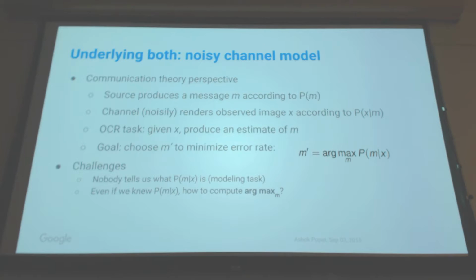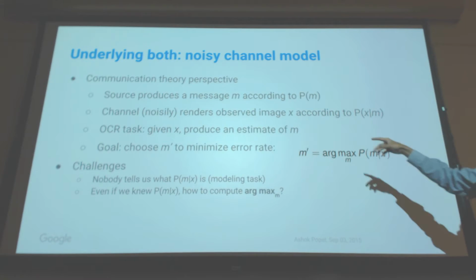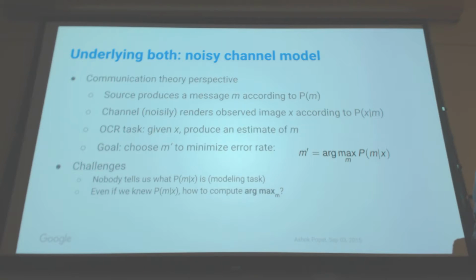Okay, so what do we do? We basically do the same thing, but with a slight generalization. I reused this slide from a previous audience. Everybody here knows this, so I'll go quickly. This is the noisy channel model. You imagine that some source produced the actual message M that you're trying to recognize.